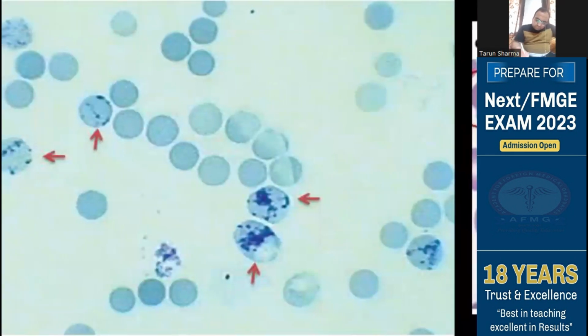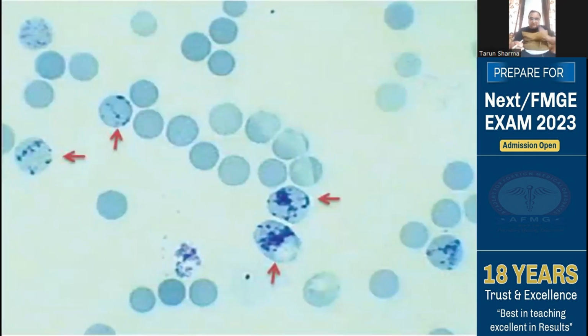So you can make out that there are RBCs in this picture which have no nucleus, and there are certain RBCs which show bluish color dots or filaments. All the RBCs which have bluish dots or bluish filaments in this picture are the reticulocytes. And what is the stain here? The stain here is new methylene blue.